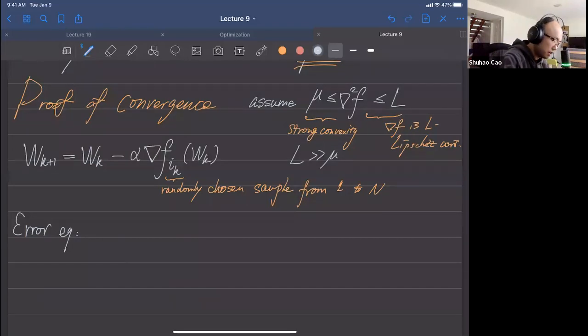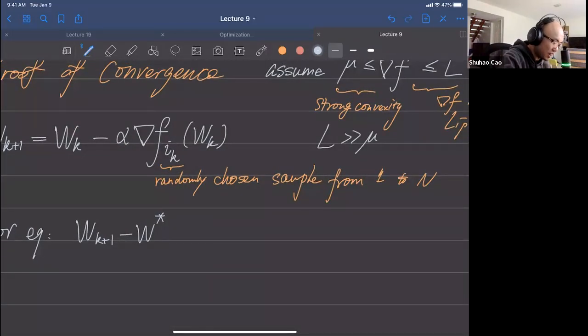So the error equation we can have is w_{k+1} minus w star. w star is our best possible parameters that minimize our loss function. It means, for example, whether we can find the best neural network to achieve the minimum.